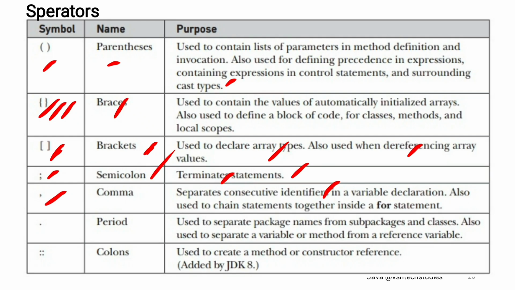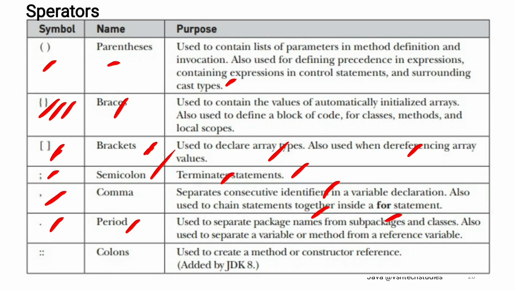Next, period, that is dot, is used to separate package names from subpackages. Sometimes we will be using some functions, like Math.abs, meaning a function belonging to the Math class.